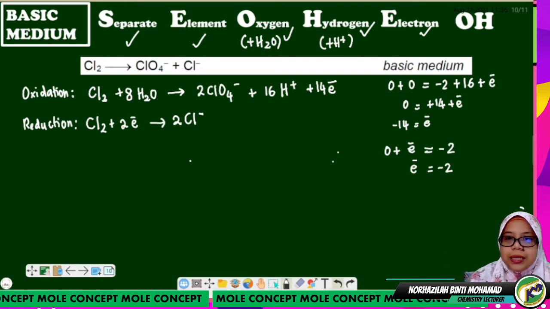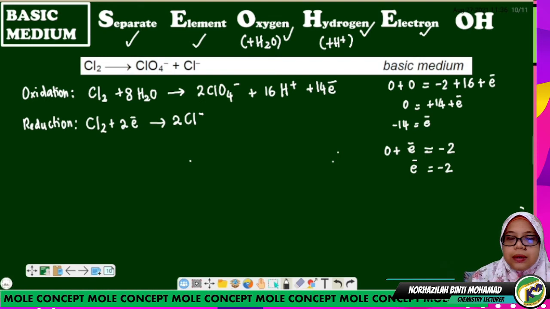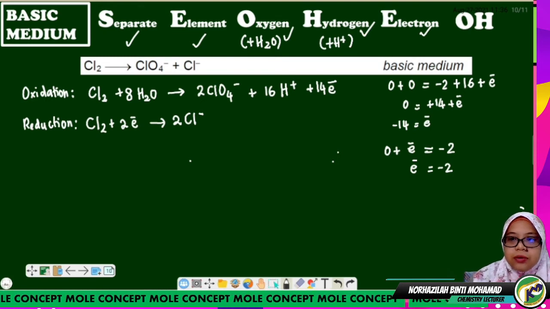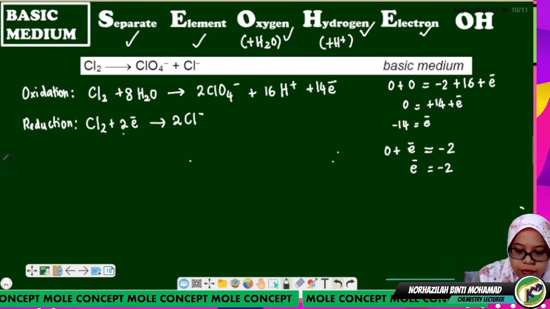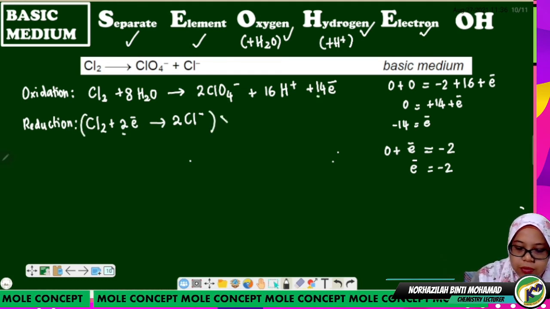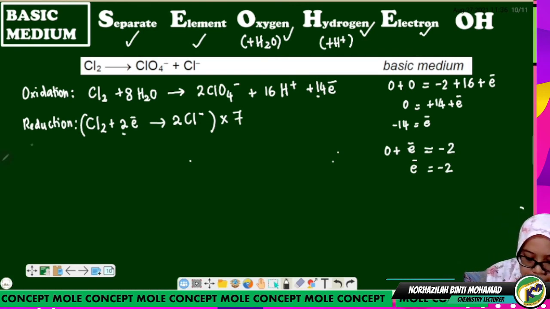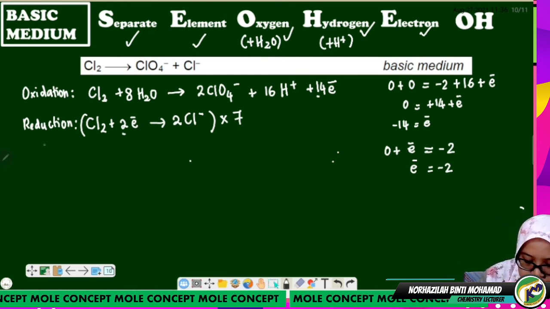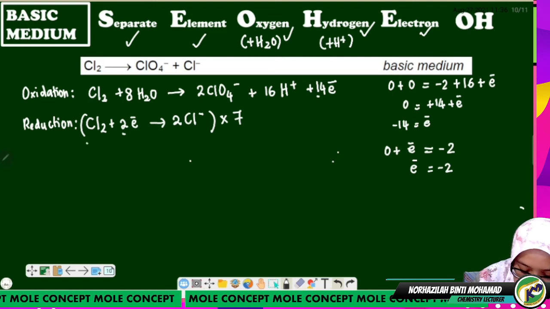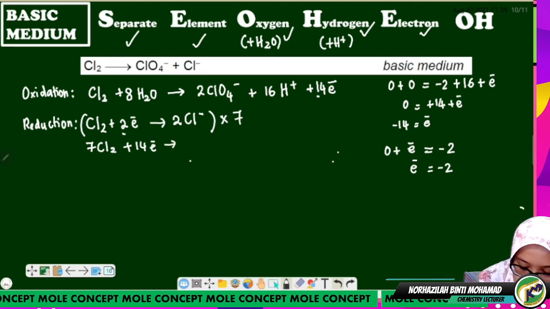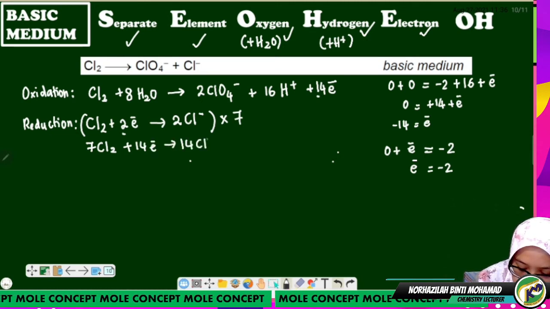Okay, and then we combine the equations, but to combine we need to make the number of electrons the same. Right now I have 2 and this one is 14, so I need to multiply this equation by 7. So it will become 7Cl2 plus 14 electrons produce 14 chloride.